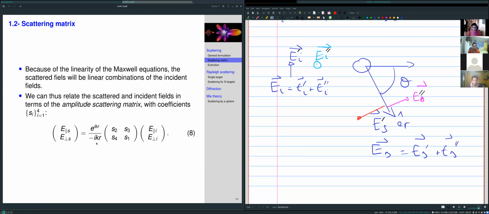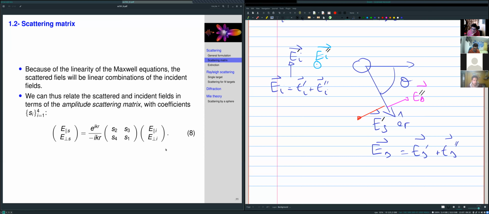Bear in mind, we're not looking at the complex details of the intermediate zone. So in the far zone, we just have a transverse spherical wave, and the emergent scattered fields depend on what you throw at the obstacle. And we've just seen that this dependence is linear.